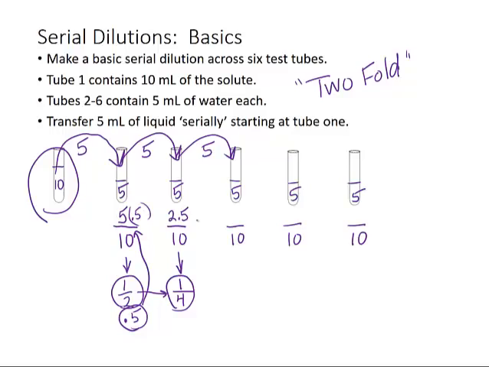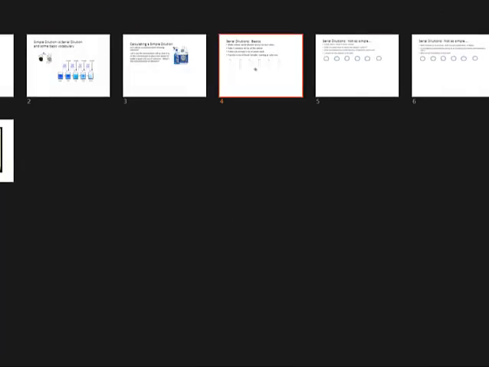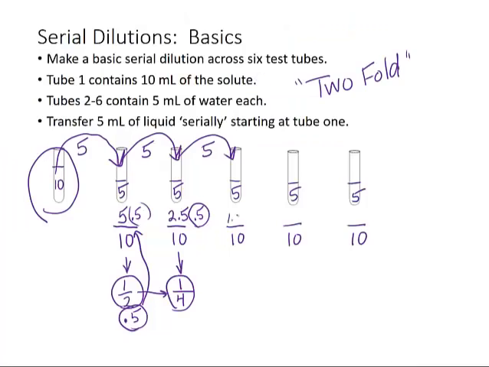So if I do this again, I'm going to take my multiplier 0.5, and multiply the amount of original serum in tube 3, 2.5 times 0.5, and I'm going to get 1.25. What's 10 divided by 1.25? It's 8. So we get 1/8. By now you should be noticing what's going on: 1/2, to a quarter, to 1/8. So what's the next one going to be?